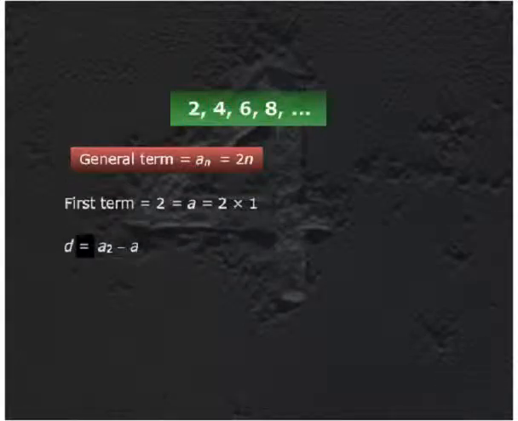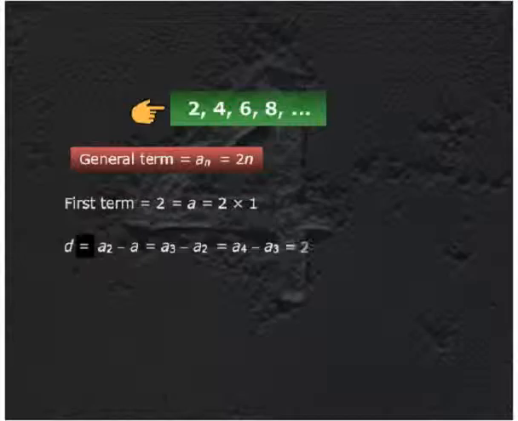And this would obviously be equal to a_3 minus a_2 or a_4 minus a_3 as well. Now in the example that we've taken, what is the value of d? Right, it is 2. Look at this general formula. Yes, you can use it to find the common difference d. It is a_n, that is the nth term, minus a_(n-1), that is the (n-1)th term.